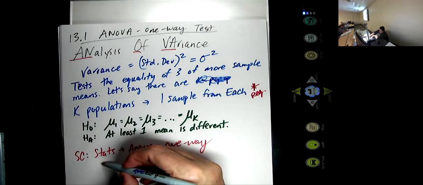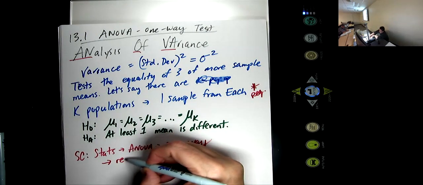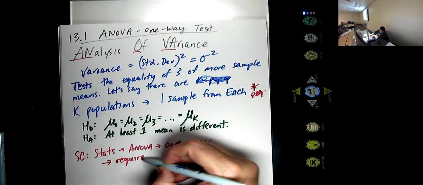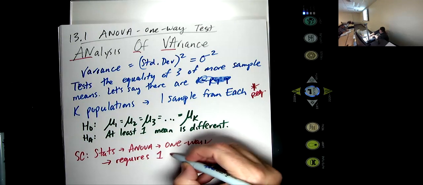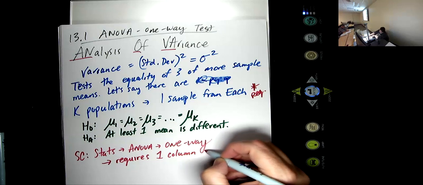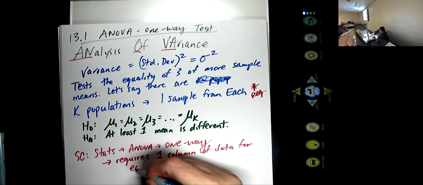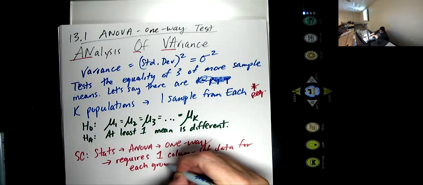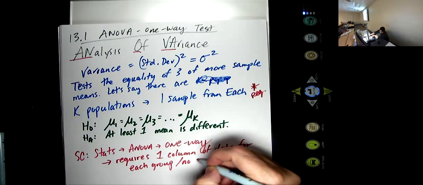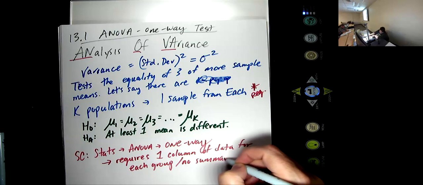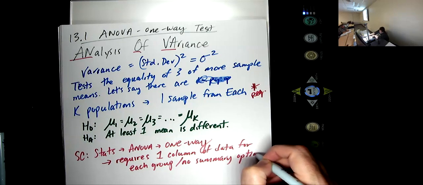StatCrunch requirements: it requires one column of data for each group. So there's no summary option. That's important to know.